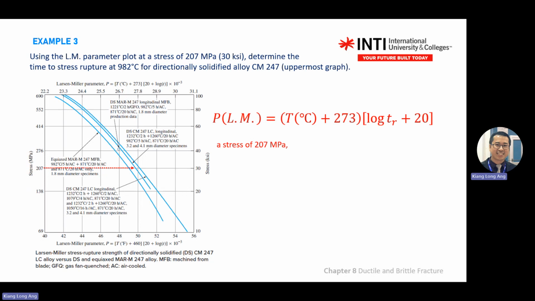In this case, we are using Celsius, so you go up, pull your graph up there. When you pull your graph up there, you see your LM parameter is somewhere at 27 something. Okay, so it's 27.6 something, ×10^3.